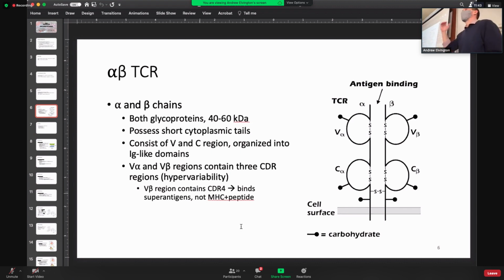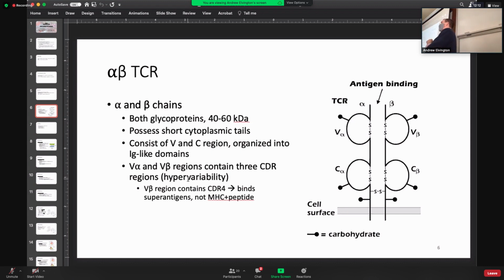Just like our immunoglobulins, these variable regions have 3 CDRs. What do we remember happens in these complementarity determining regions? You get these events, hypervariability. The entire variable region is subject to change, but there are 3 particular parts that are above and beyond in their capacity to be different.